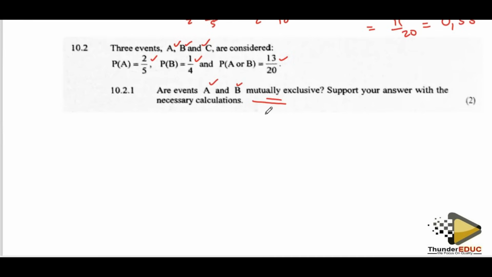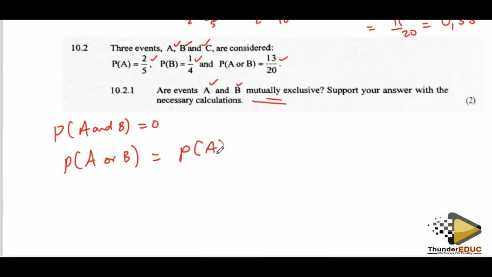And from the probability theorem and using the addition rule, we know that the probability of A and B must be 0 since the events cannot happen. So from that formula of A or B, the sum of probabilities, saying probability of A plus probability of B minus the probability of A and B.